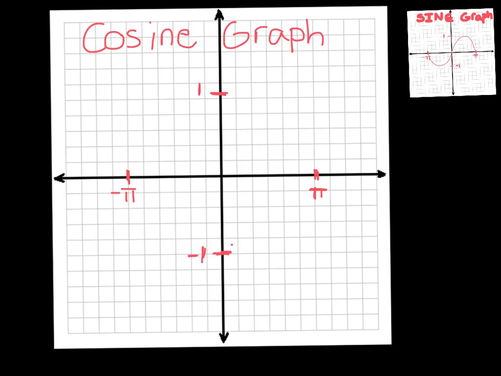Okay, so to draw a cosine graph, you start from here and go down to -1. This was drawn poorly. Let me redraw this. Okay, let's try that again. So you start from here and you go down to -1. And this is a cosine graph.